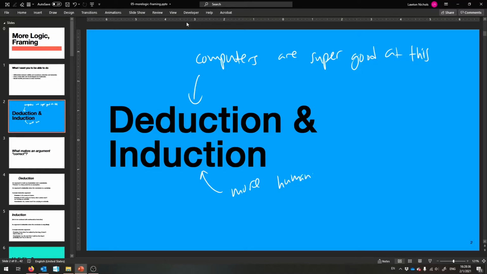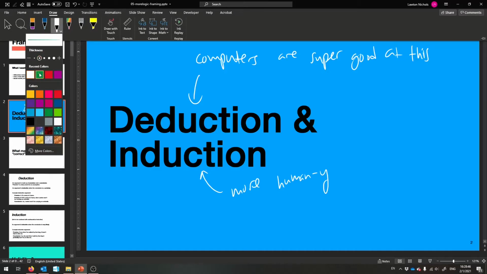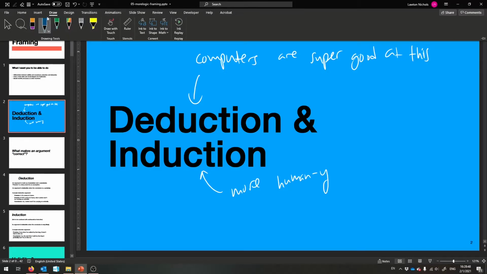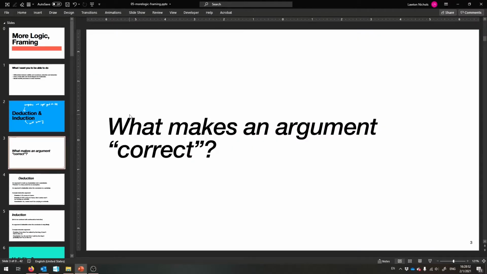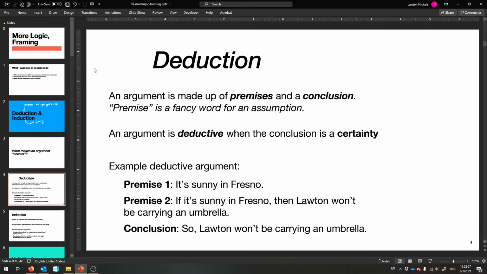More human-y. Okay, so I want to tell you about the difference between those things, and this is all in the context of making some kind of argument. Okay, so we're arguing with somebody about something, and we want to figure out what it means to make your argument correct. Okay, so let's first talk about that in terms of deduction after we learn about what deduction is.